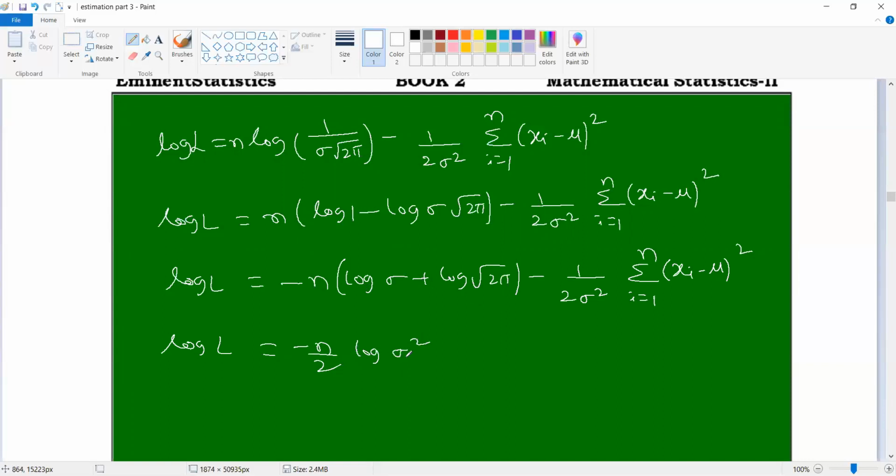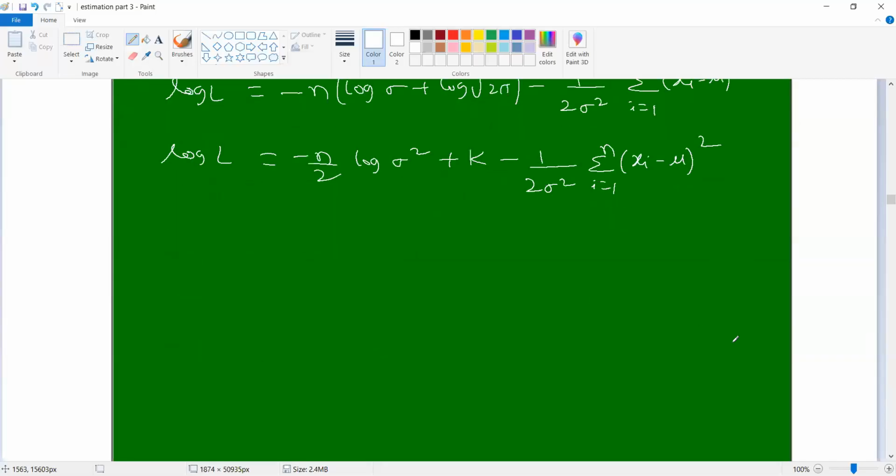So 2 into log sigma, the 2 cancels, there is no change here. So this is purely a constant value, k, minus n log root 2 pi, which is also purely constant and treated as k, minus 1 by 2 sigma square summation i is equal to 1 to n xi minus mu whole square. Now this is equation 1.